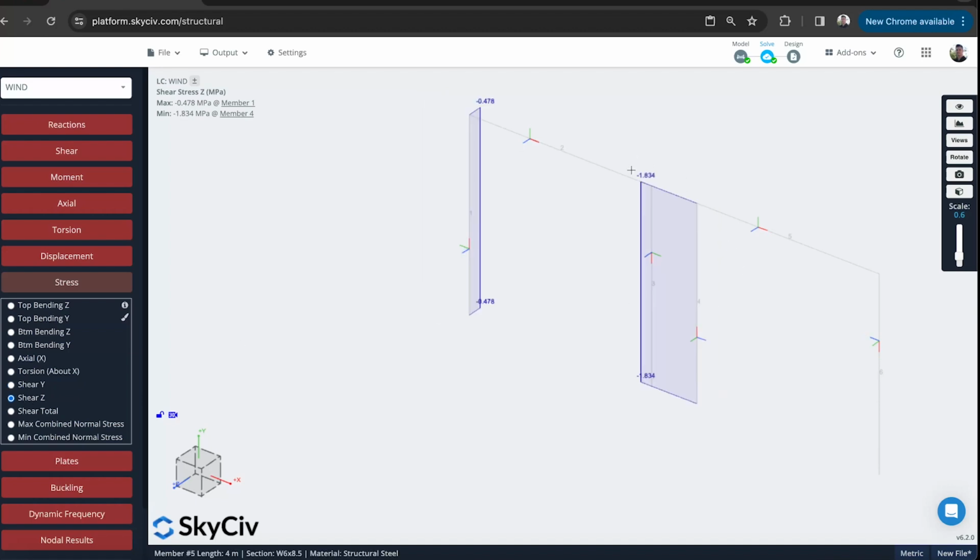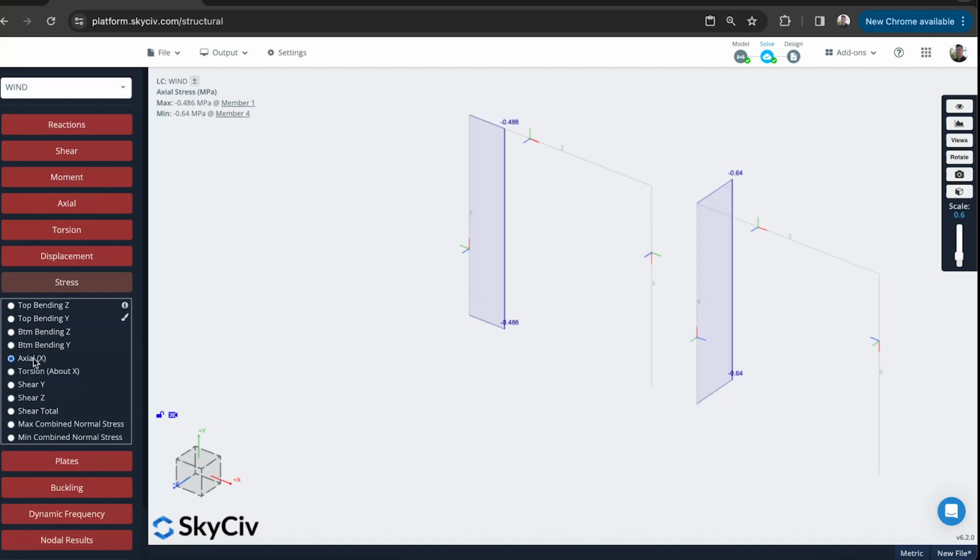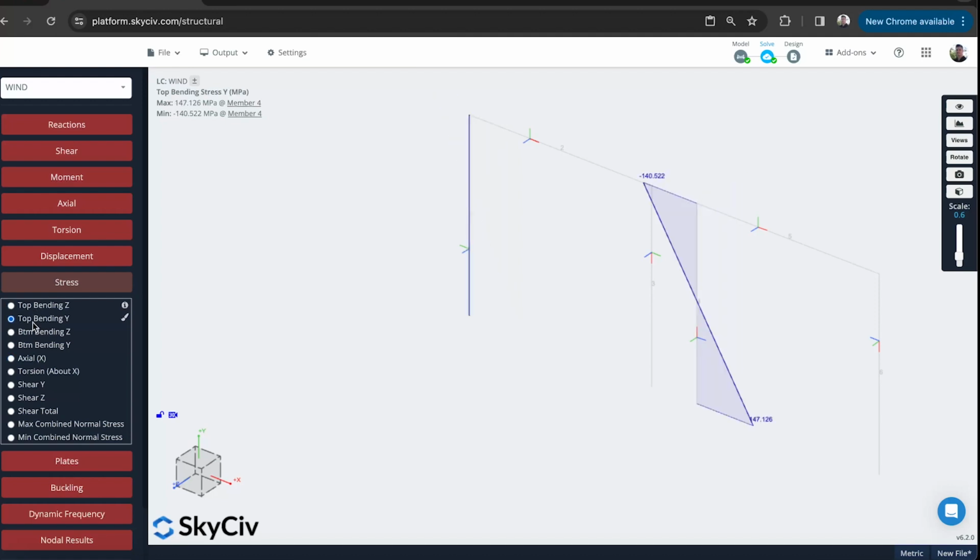In this case, we've gone 1.8 to about 0.447. So you can see in all directions, we're getting worse off results just by orientating the section and the member in the wrong direction to where the load is being applied. And it goes for axial too. But really, the most critical is the bending, which is generally the governing result in most designs.